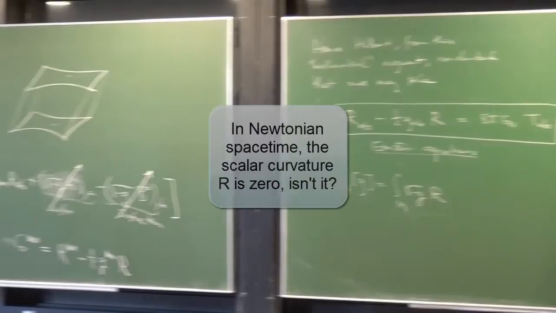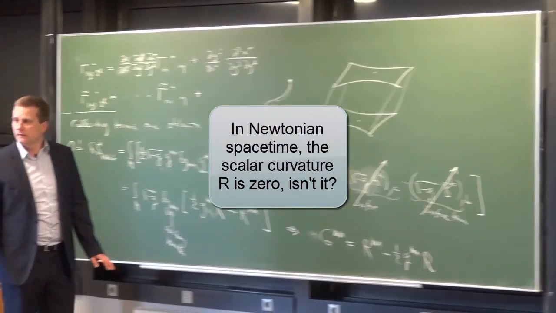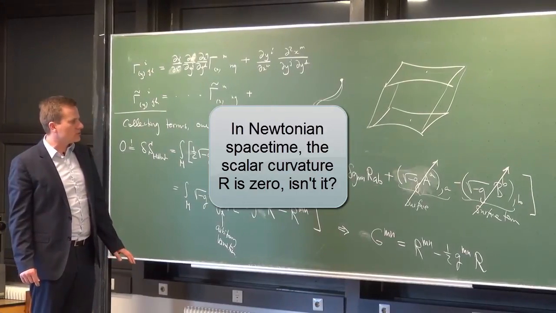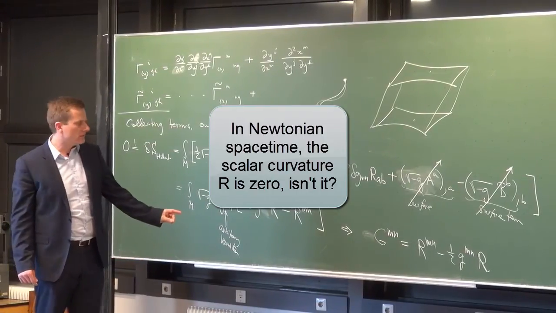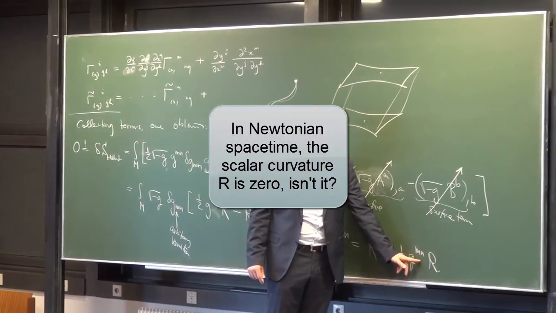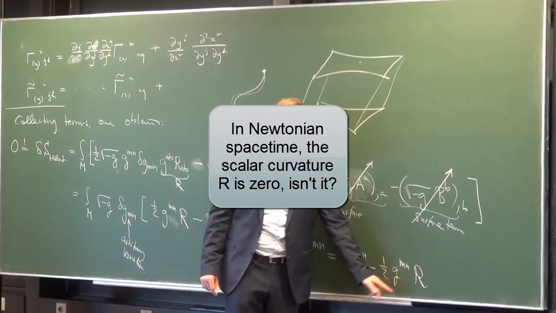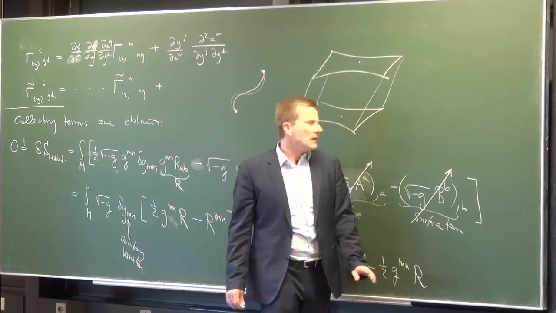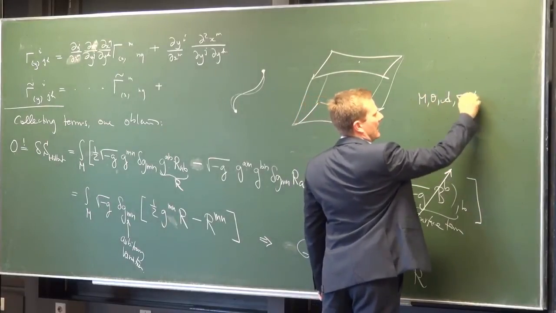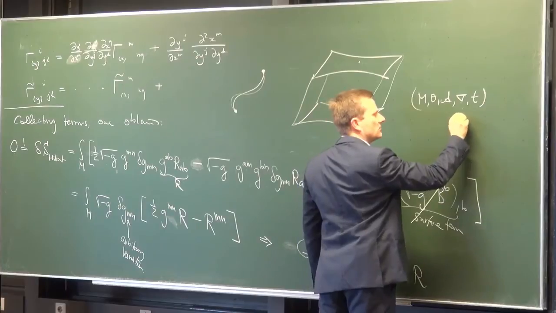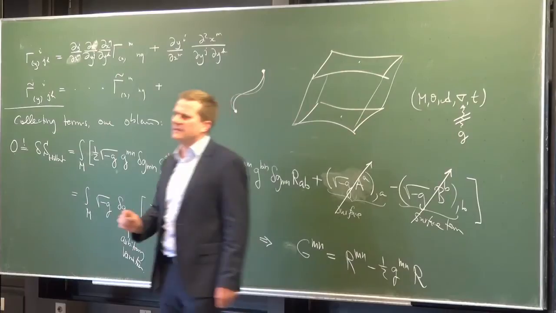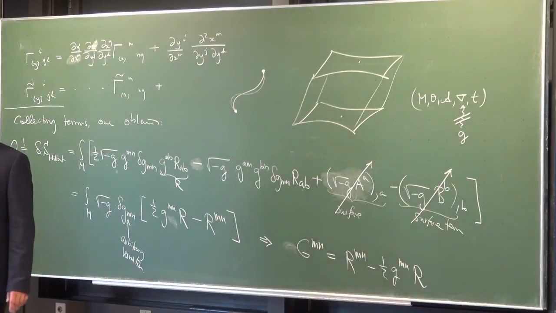The question was about the curvature scalar in Newtonian spacetime. No, you can't even construct it, because the Newtonian spacetime only carries a connection, but this connection does not derive from a metric. It's a connection that doesn't come from a metric.